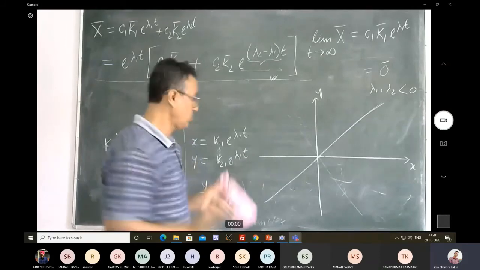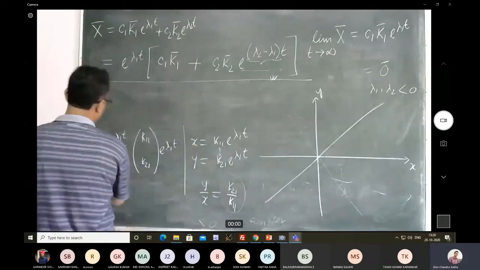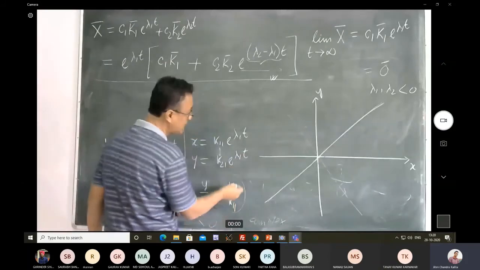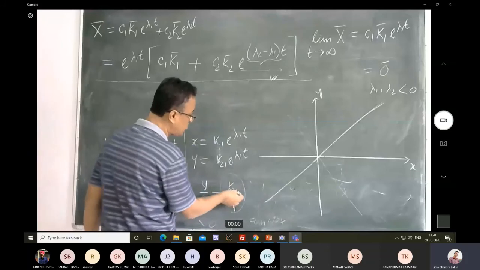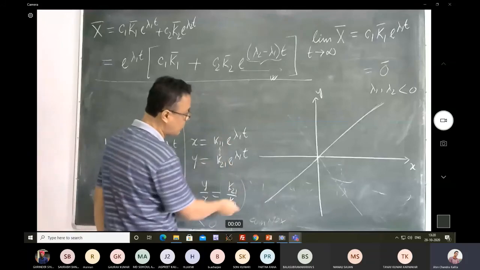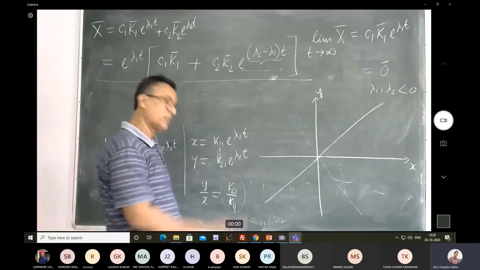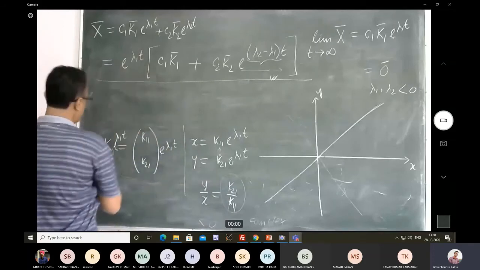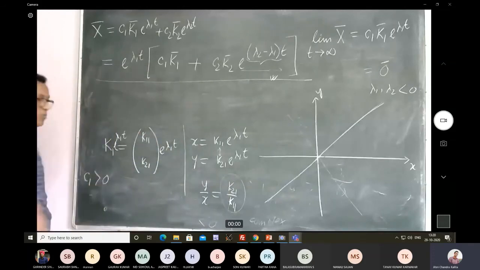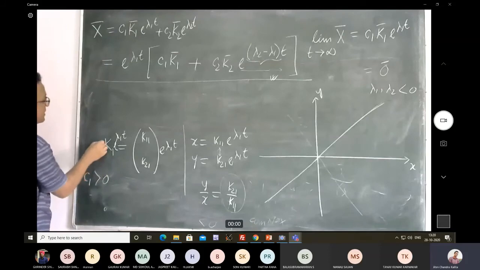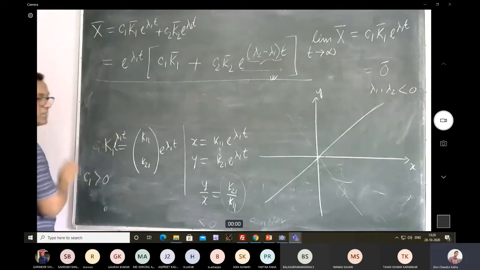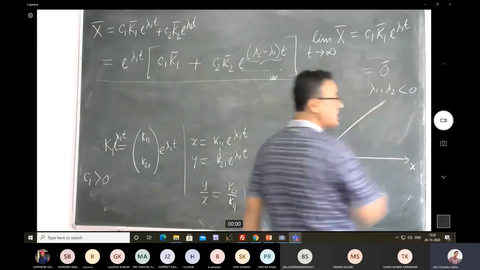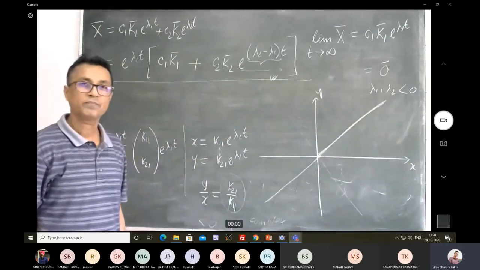Now, if I consider my solution as a vector, then what is going to happen when k11 and k21 both have positive, similar sign? When your C1 is positive, then the vector C1 K1 e to the power lambda t is going to give you some line in the first quadrant, isn't it?